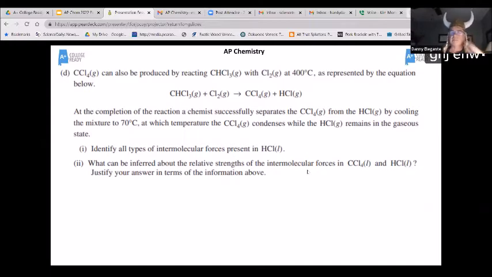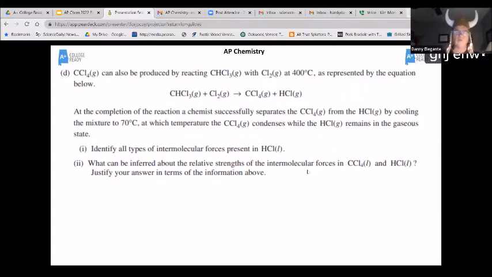Don't say something like they're stronger without telling me which one you're talking about. That's a good way to not earn a point. So make sure you're telling me the HCl ones are stronger than the CCl4 or the CCl4 are stronger than HCl. You don't have to give a number, right? It's relative strength. So this one's stronger than that one. Justify your answer in terms of the information above.